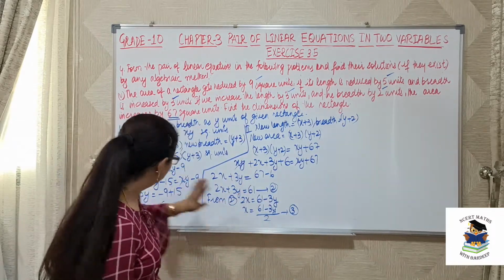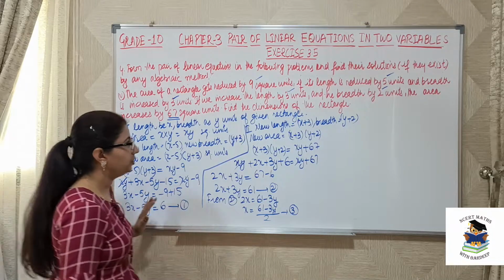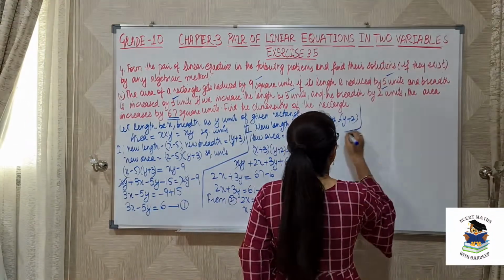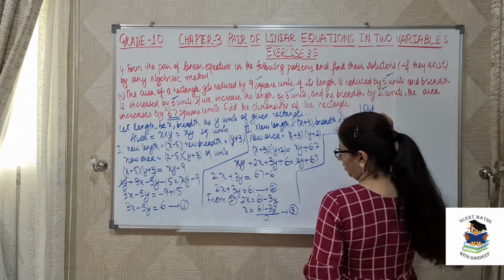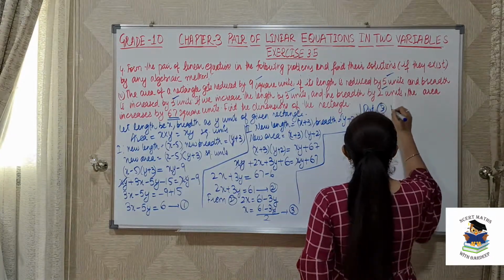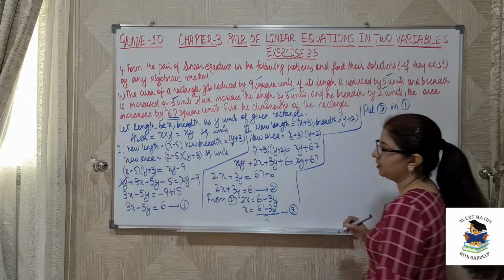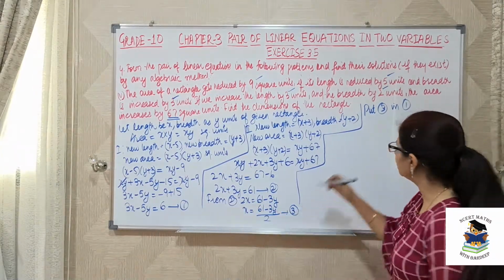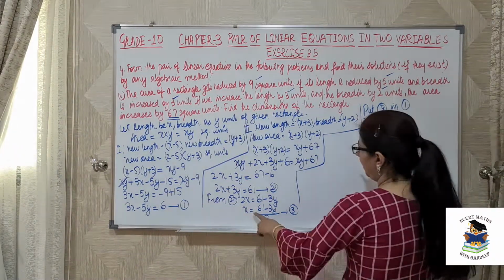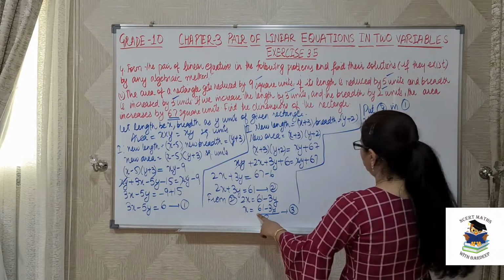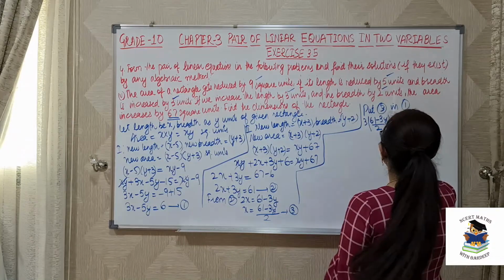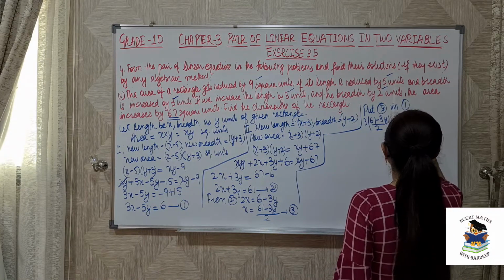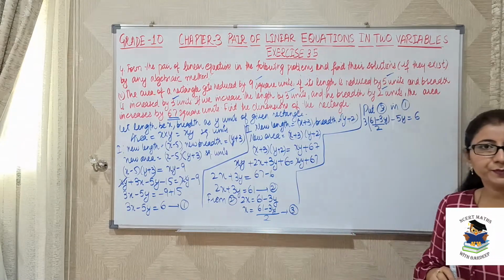Now put this value in our first equation. So put third equation in first equation. So this is 3x, that is 3 times x, which is 61 minus 3y divided by 2, minus 5y equals to 6. Okay.